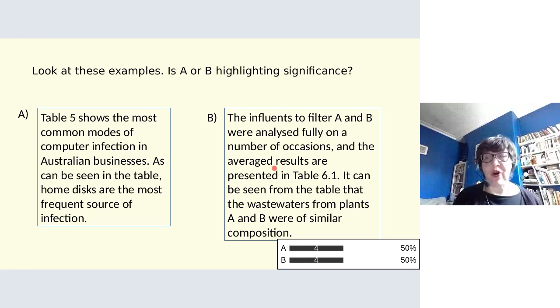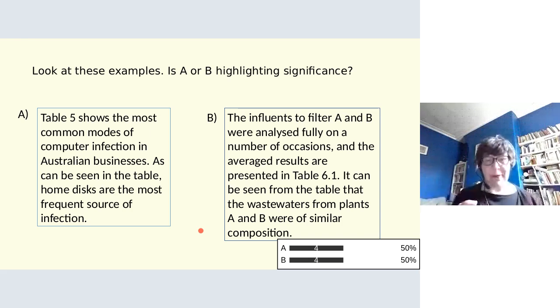Remember, averaged results, not the raw data, the summary data. It can be seen that they were of similar composition. So the table shows they're of similar composition. That's just summarizing what's in the graph.